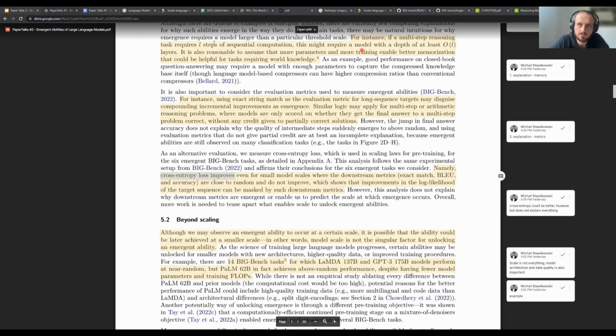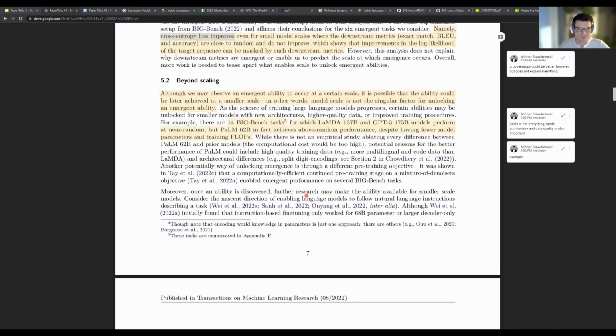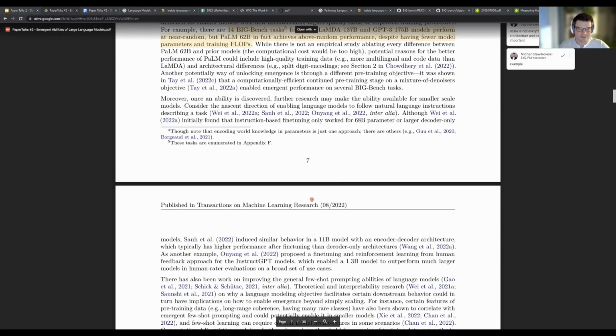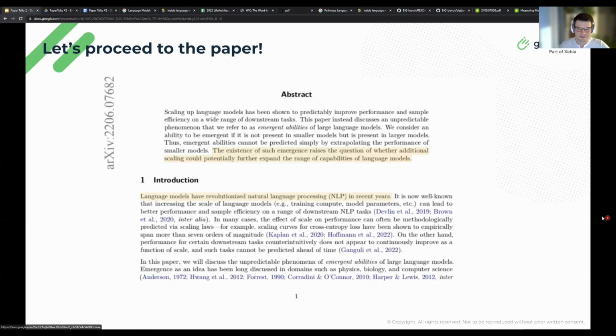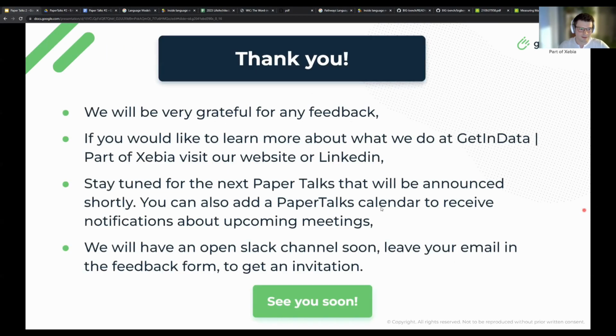We could talk about this paper 2 hours more, but 1 hour is 1 hour. So let's just quickly summarize. Yeah, if you want to go further with this paper, there is a link, and now we will go back to the presentation.